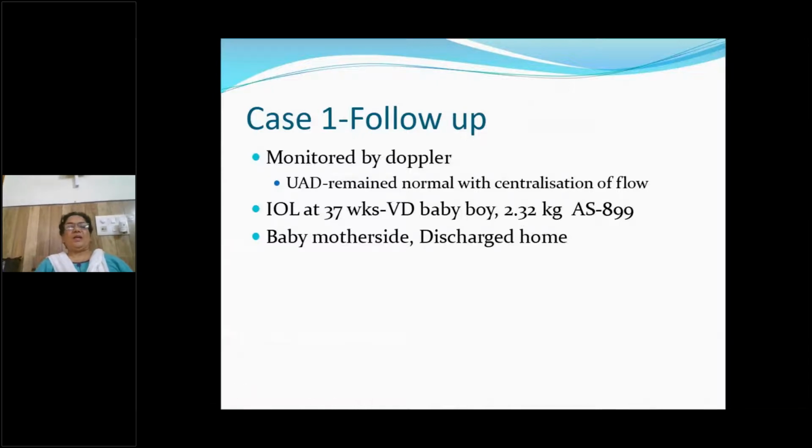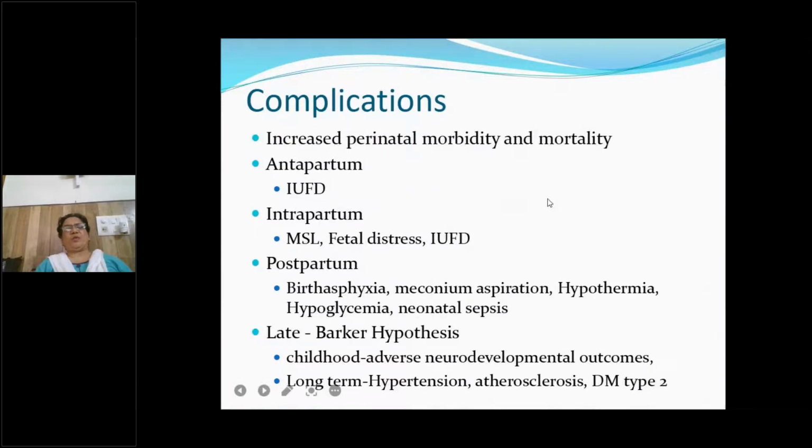So what are the problems of fetal growth restriction? Fetal growth restriction is associated with increased perinatal morbidity and mortality. The problem can occur antepartum; there can be an intrauterine fetal death. Intrapartum problems can occur, like increased risk of meconium stained liquor, fetal distress, or even intrapartum stillbirth.